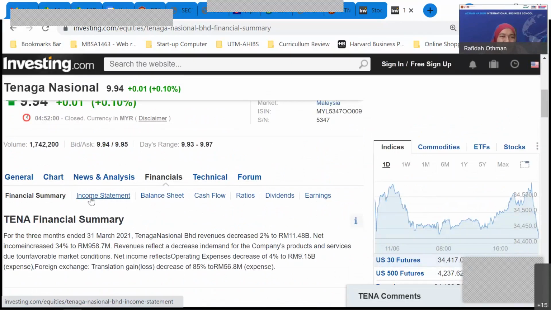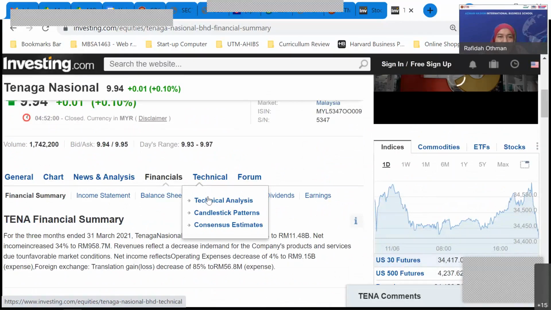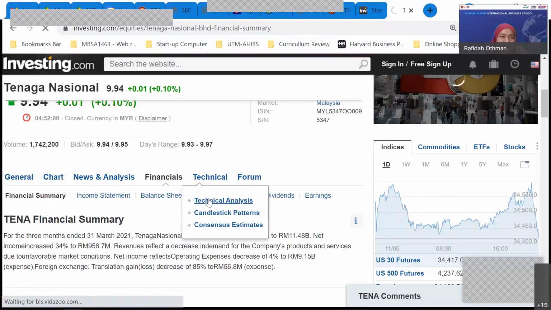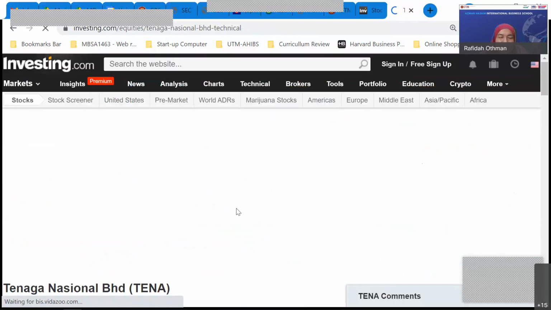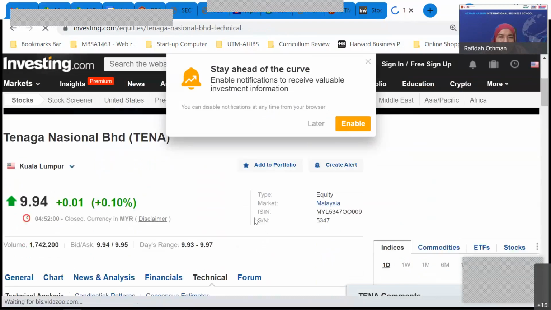You can see we have the income statement, balance sheet, cash flow. Now let's look at the technical analysis, to see what is actually suggested for this.